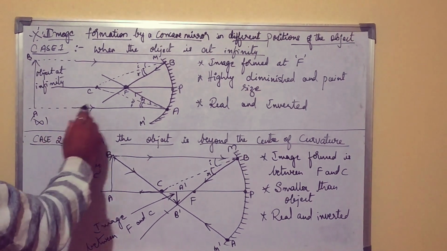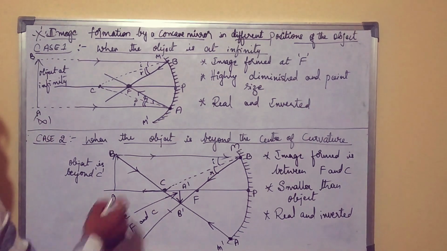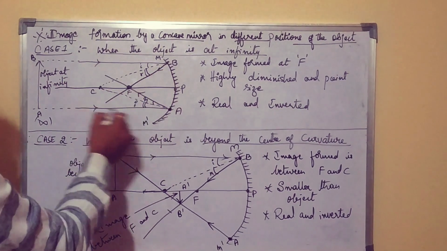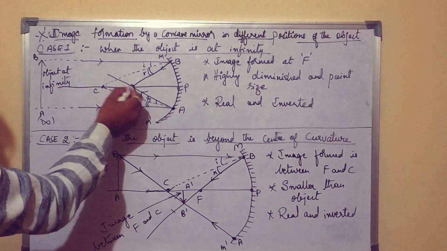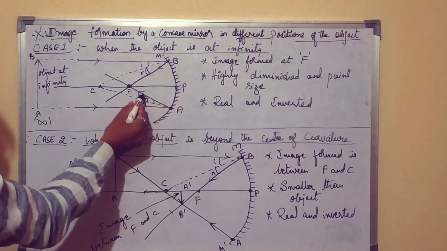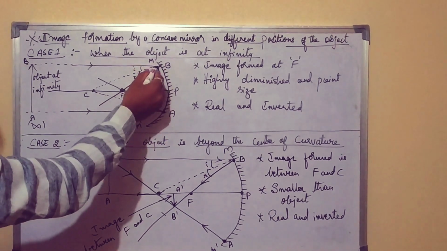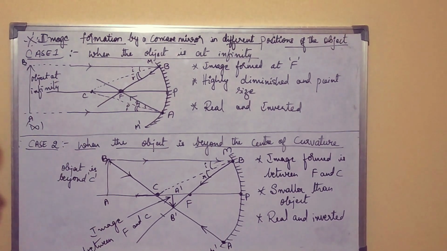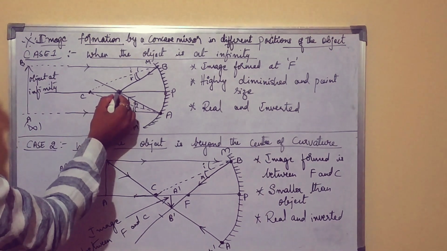When they strike the reflecting surface, obviously they are reflected. Whenever the rays are travelling parallel to the principal axis, they go through the principal focus. The reflected ray from point A is going through the principal focus. Similarly, the reflected ray from point B is also moving through the principal focus, and you can see the image formation here at the principal focus.